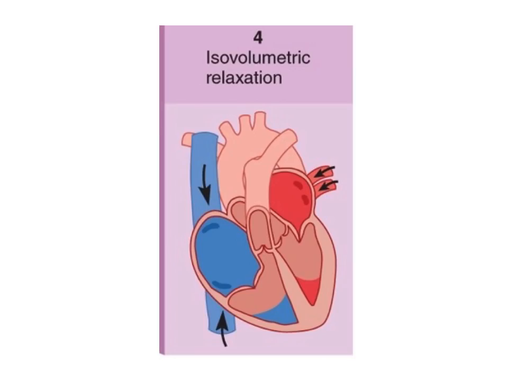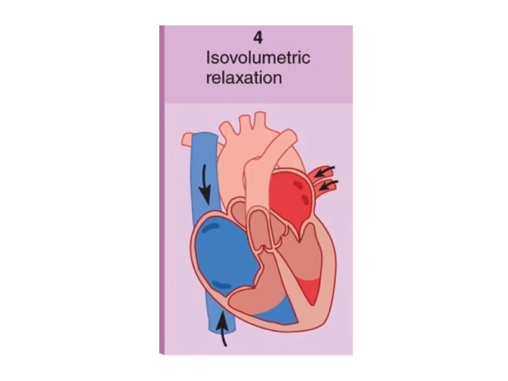Now, once ventricular ejection is over and that contraction period is done, the muscles of your ventricles are going to have to relax. So our last phase in the cardiac cycle is called isovolumetric relaxation.